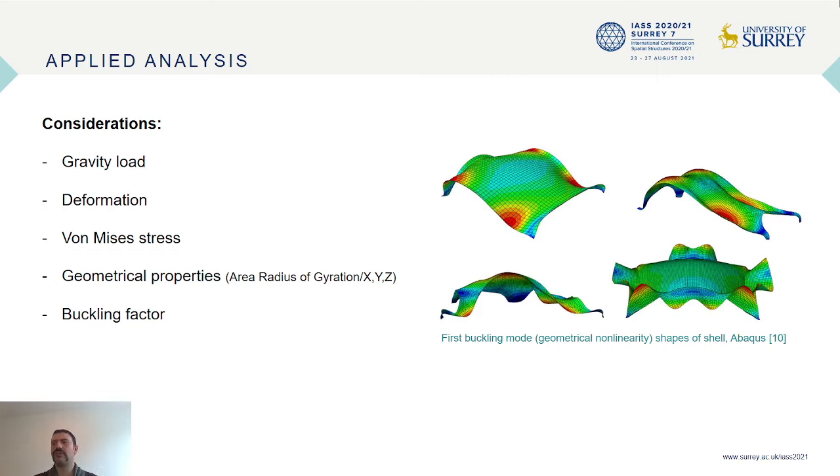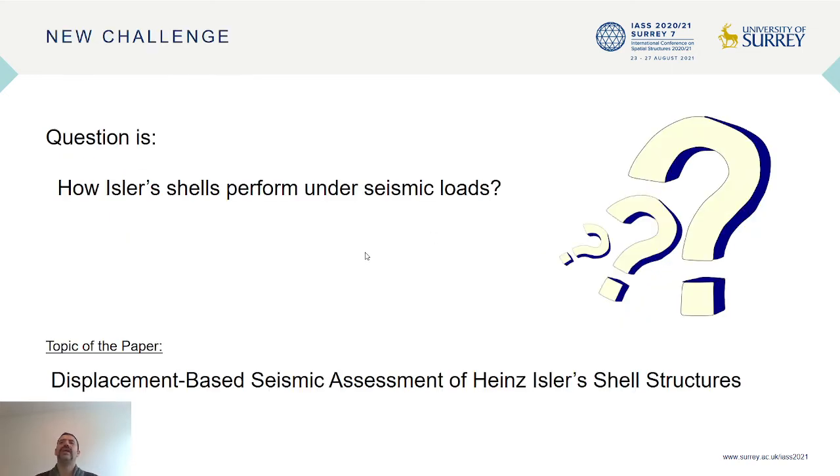But nobody up to now has evaluated the performance of his shells under the seismic load. The question is: are these optimum shells able to resist seismic load as well or not? That's what we are going to evaluate and discuss in this paper.